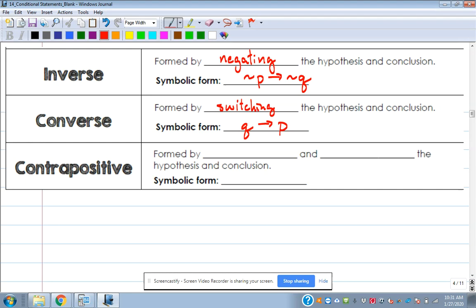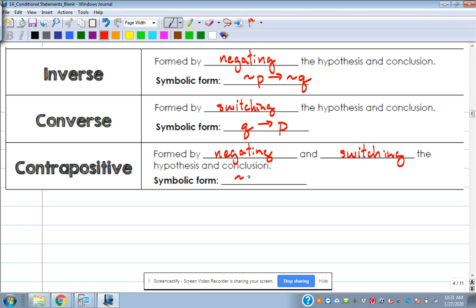All right, then there's a thing called a contrapositive. A contrapositive is formed by negating and switching the hypothesis and the conclusion.